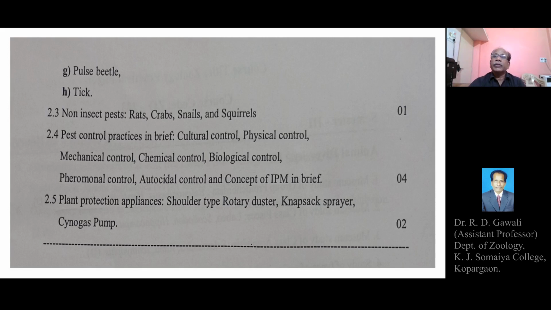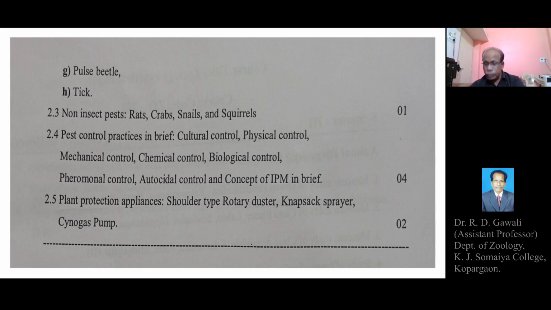Mechanical control, where we can use a number of mechanical devices for the collection and killing of the pest. Chemical control, where we can use different types of toxic chemicals, agrochemicals or the pesticides for the control of these pests.